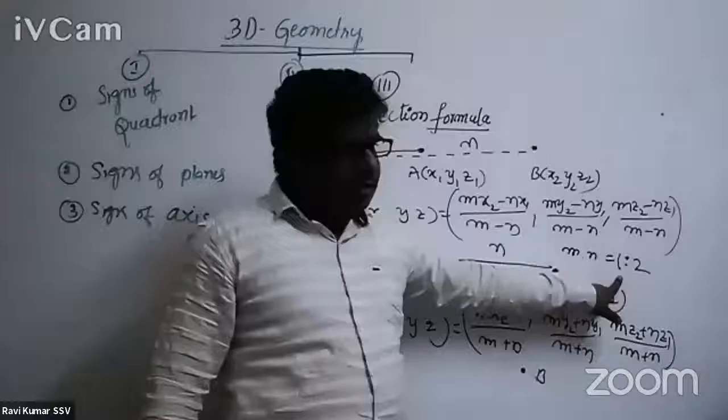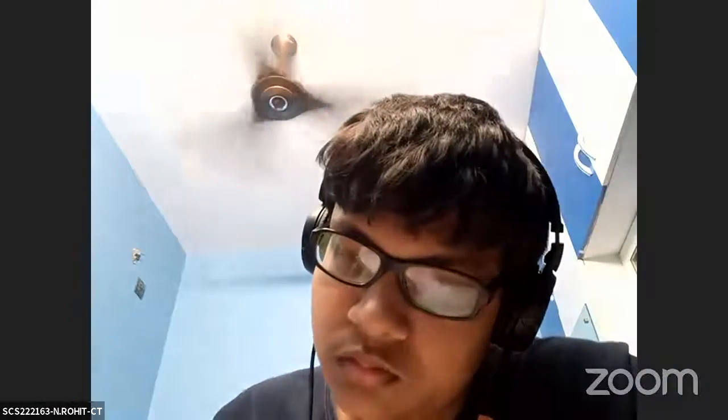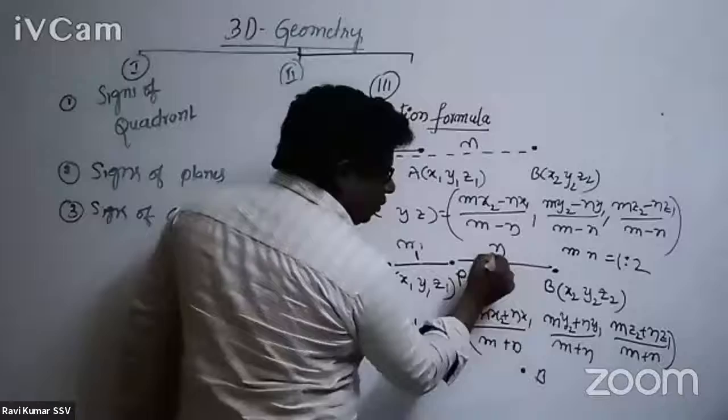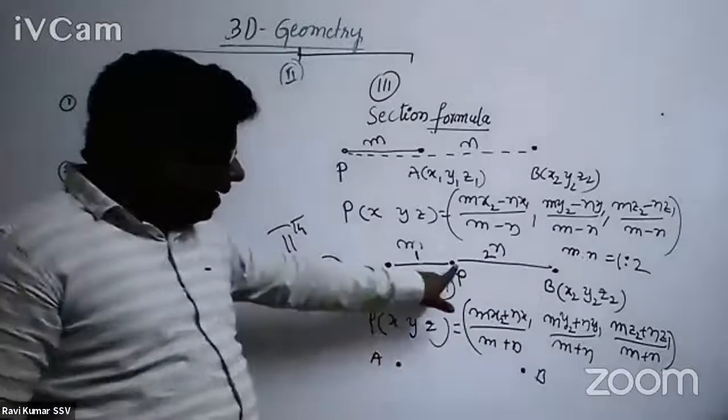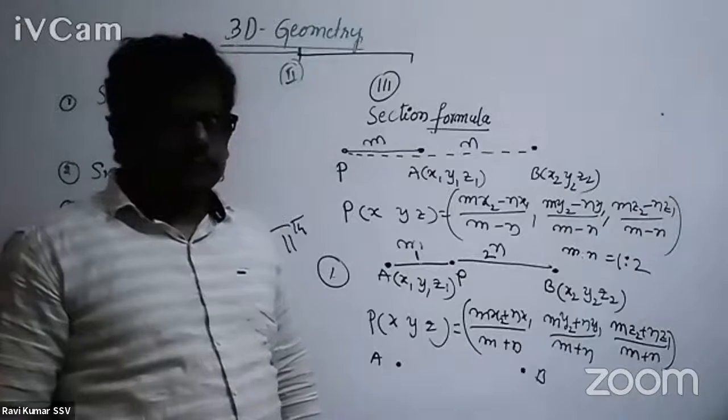M value is small. So M value small means the distance between M and P is less. This is 1, this is 2. So the point is closer towards A.